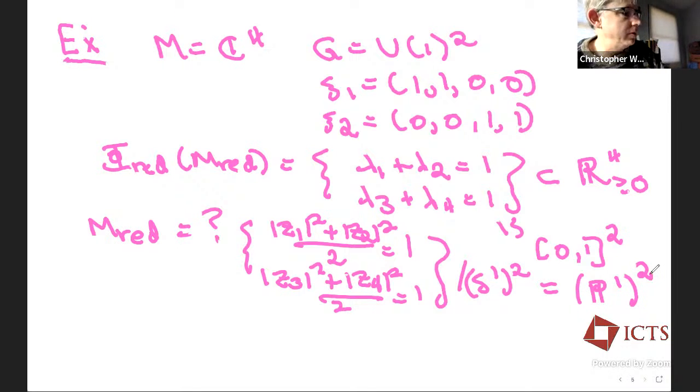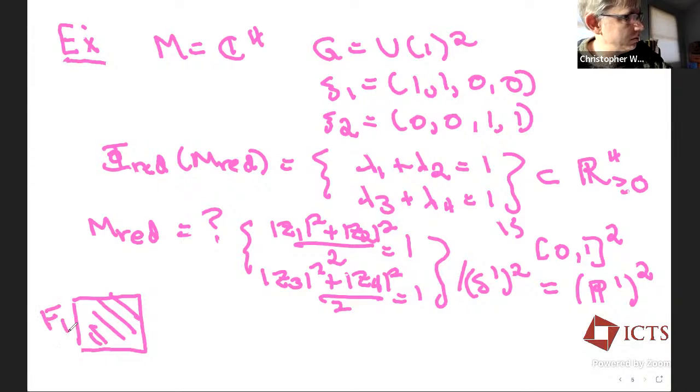And so if I look at the polytope, the polytope looks like this. I now have 4 vertices, and to match with my conventions, I have to number them like this.